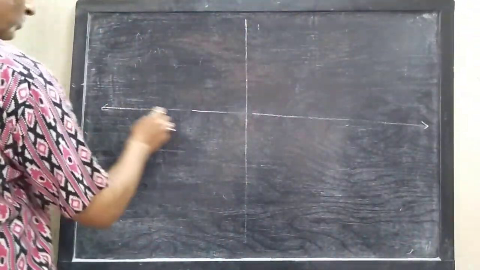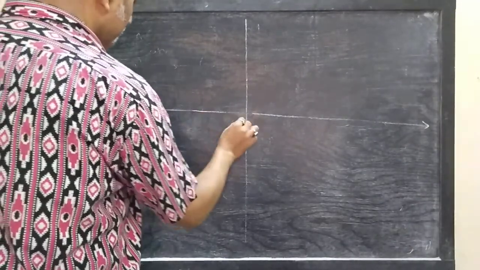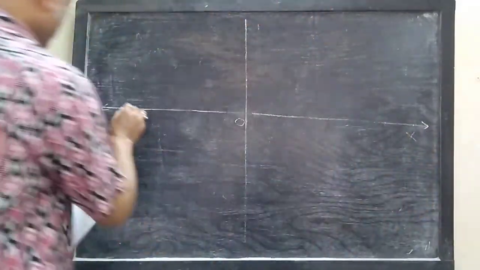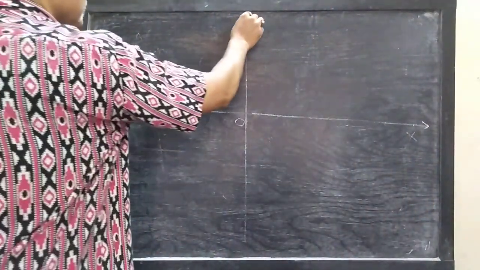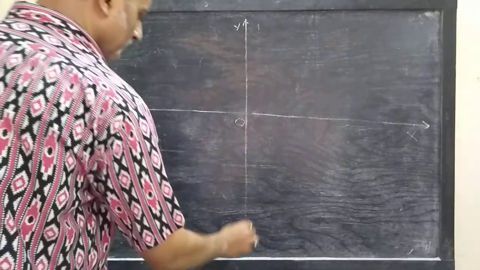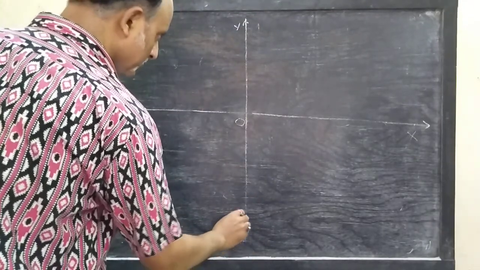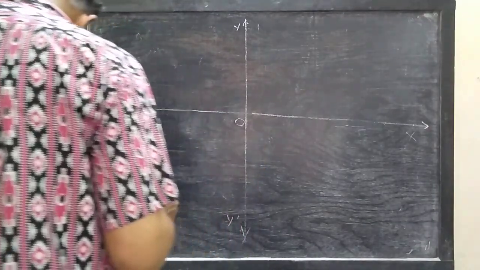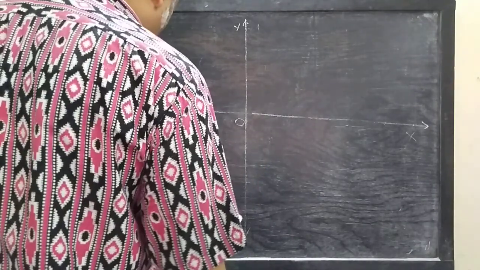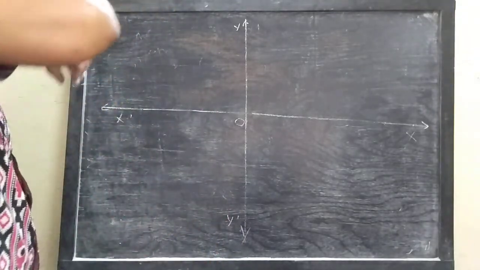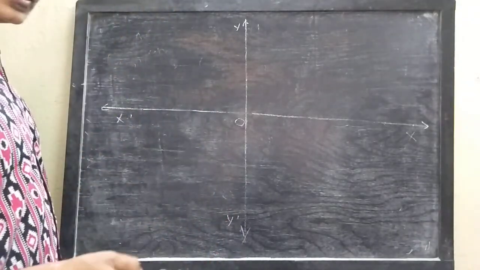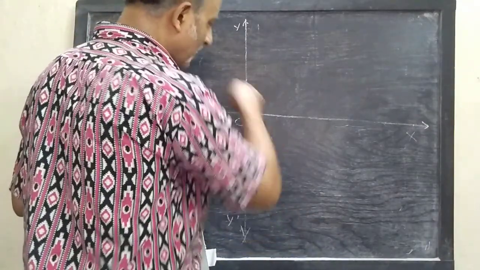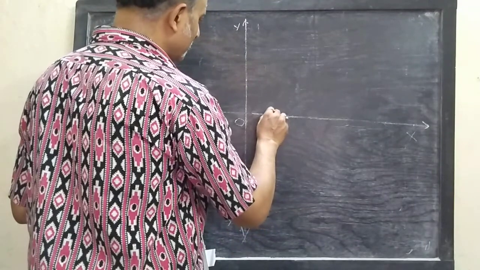Draw the axes along the bold lines. Here the scale is given to be 2 centimeter equals 1 unit. So in your graph sheet you have to take 2 centimeter equals 1 unit. Now on my blackboard here I am taking a convenient length as 1 unit.